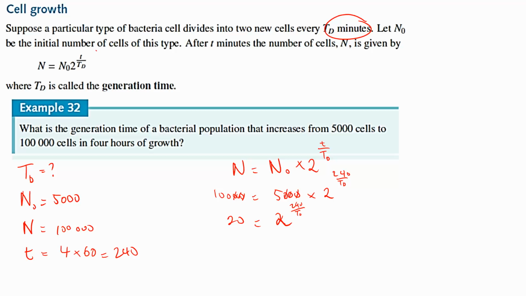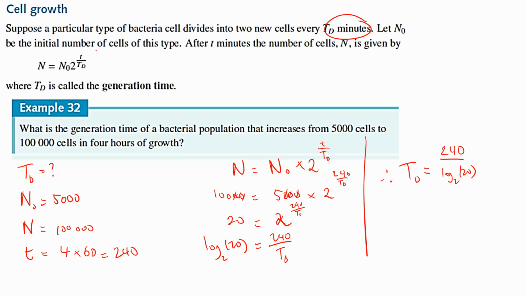You can all type this in your calculator. You've got log base 2 of 20 on each side, equal to 240 over TD. Therefore, TD has to equal? Good, excellent: 240 over log base 2 of 20.